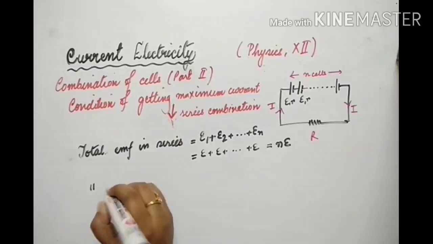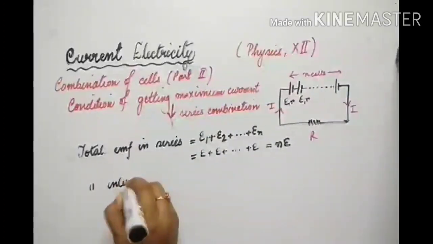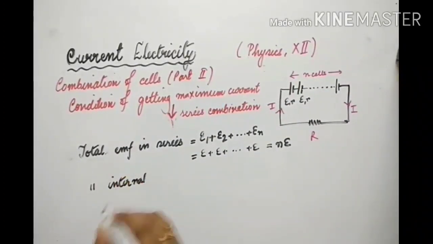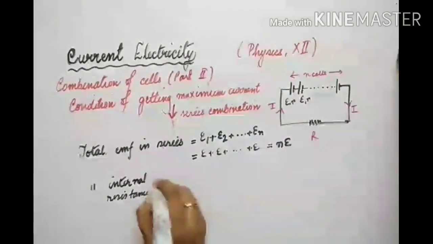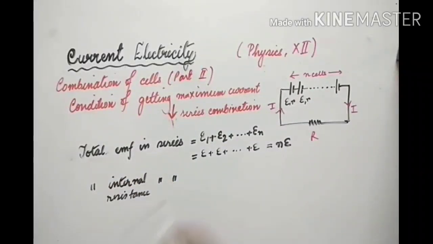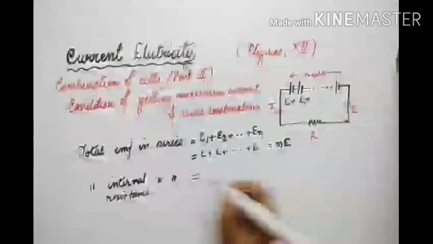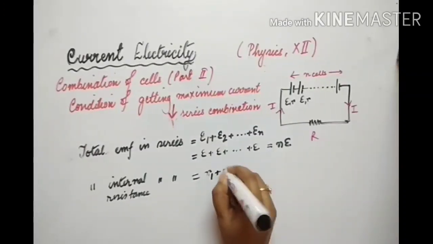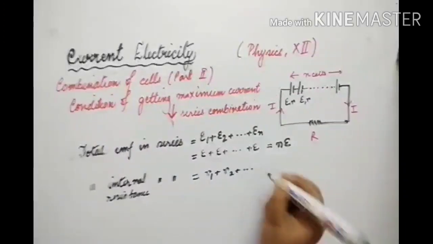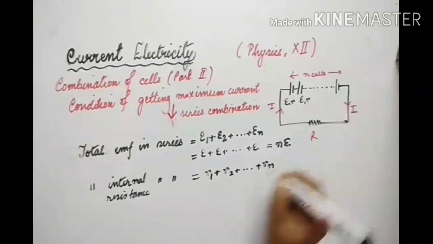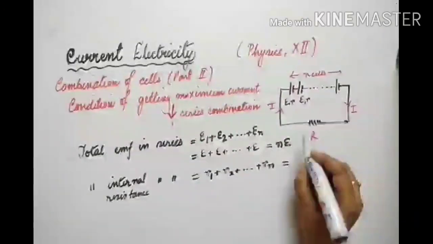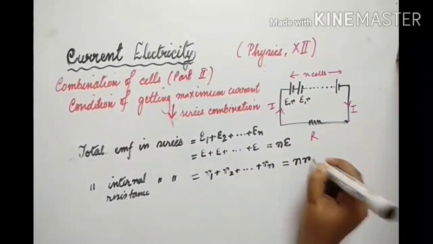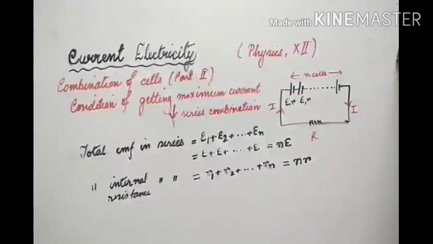Now similarly, total internal resistance in series. This line is the same as this one. So here also we get till rn. Since the internal resistance is the same in all the cases, we can write it as n into small r.